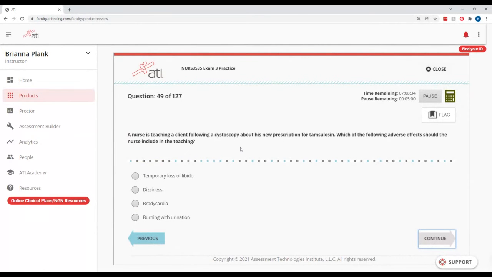Okay, the client had a cystoscopy and a new prescription for tamsulosin, which is Flomax. Which of the following adverse effects are we going to include in the teaching? So what is a side effect of Flomax?